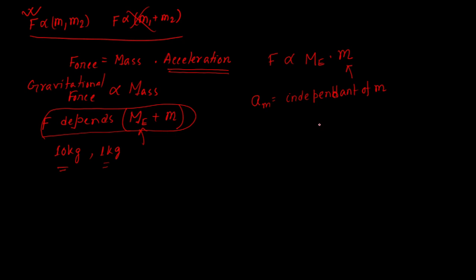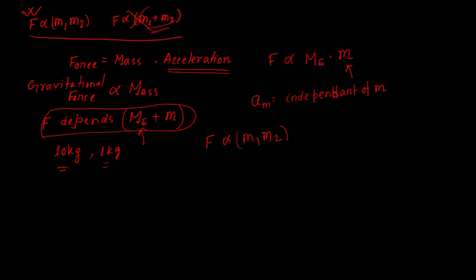So every falling object under the gravity of earth falls with the same acceleration, which is independent of its own mass, right? So Newton accepted this idea that the gravitational force F should be proportional to the product of the masses in concern, not proportional to their sum.